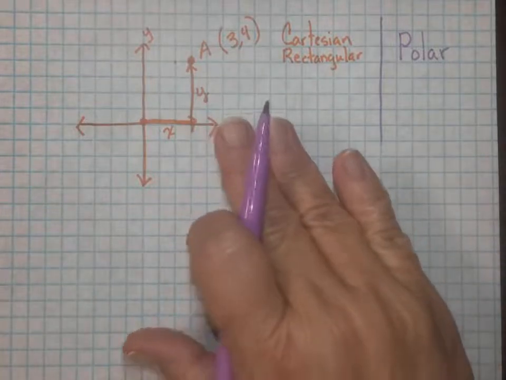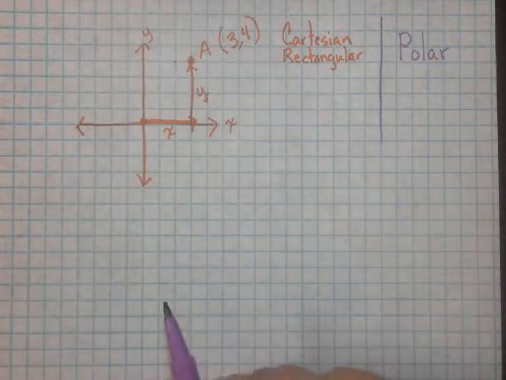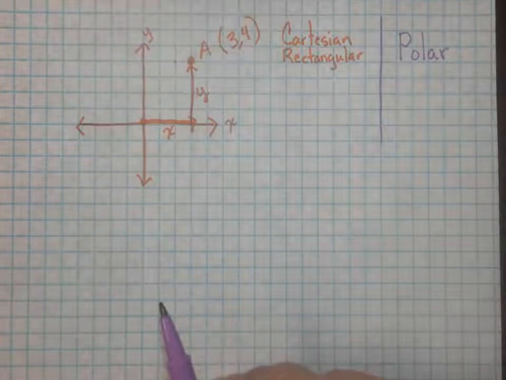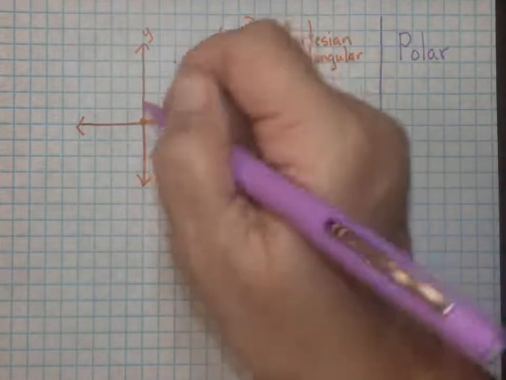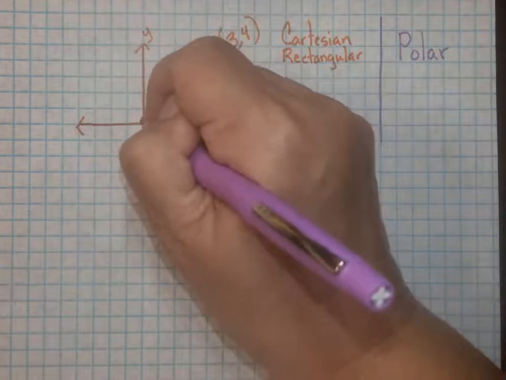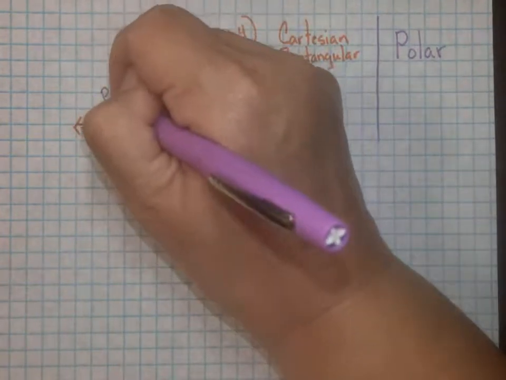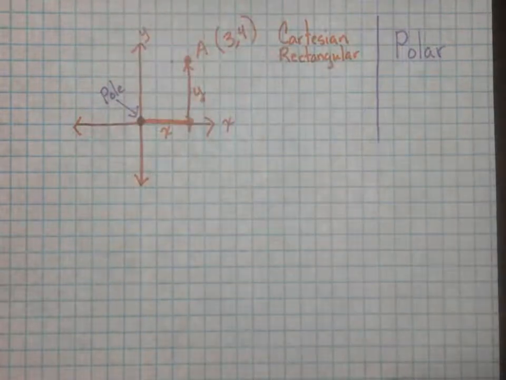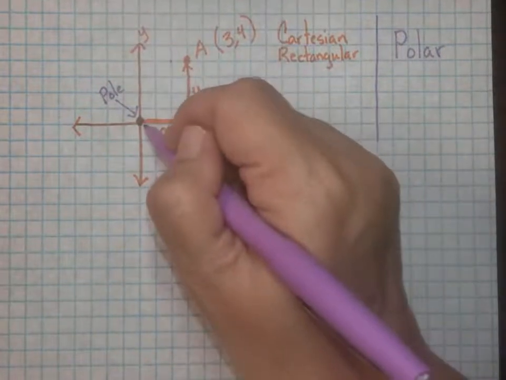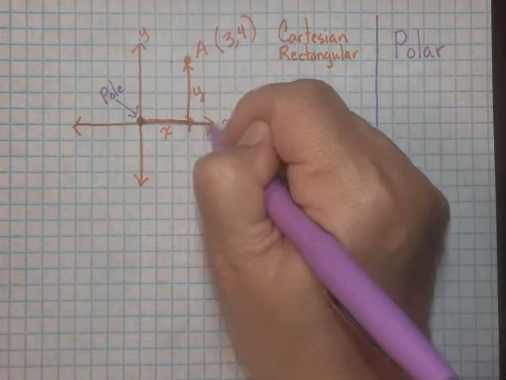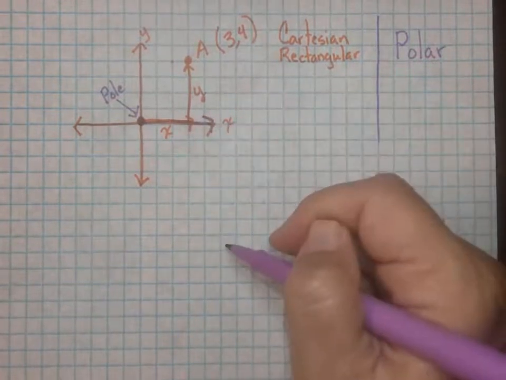we don't have an X and a Y axis anymore. But in a polar system, we do have this point here, which we normally refer to as the origin. It is called the pole, right? And then our x-axis is where we begin measuring an angle.